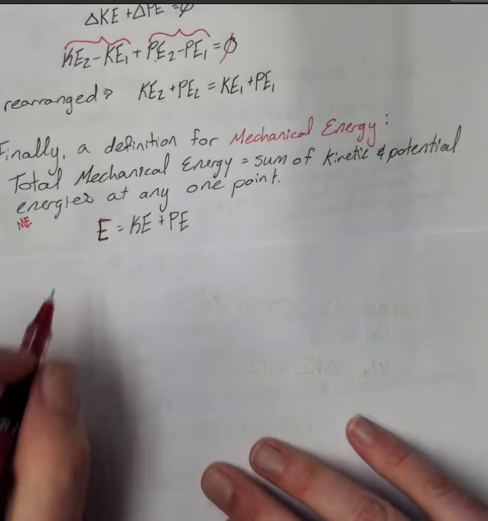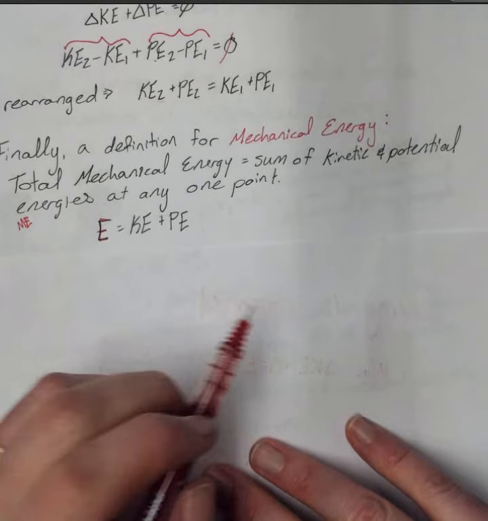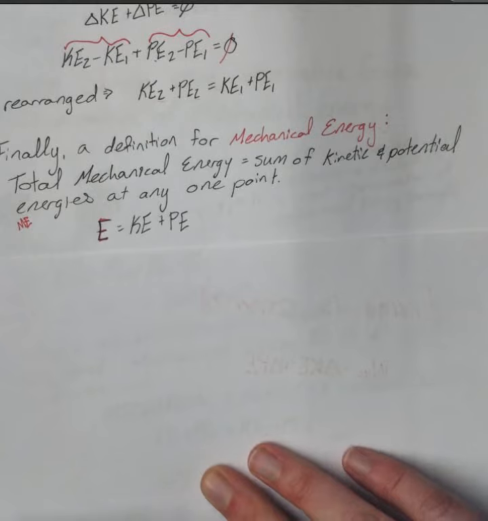So the energy is equal to the kinetic energy and the potential energy of an object, and that energy can be analyzed at any point in time for a system. And if no non-conservative forces are acting, then that energy is conserved.